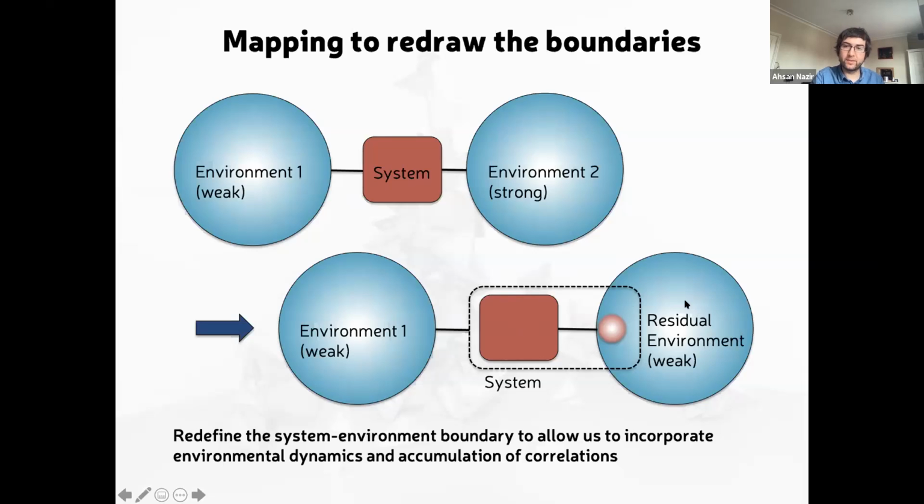And so then we'll trace out the residual environment in the standard Born-Markov approach, but remembering that we've included a collective mode into this enlarged system. And so we still capture the dominant strong coupling and non-Markovian features of the system environment interaction, despite tracing out the weakly coupled residual environment.